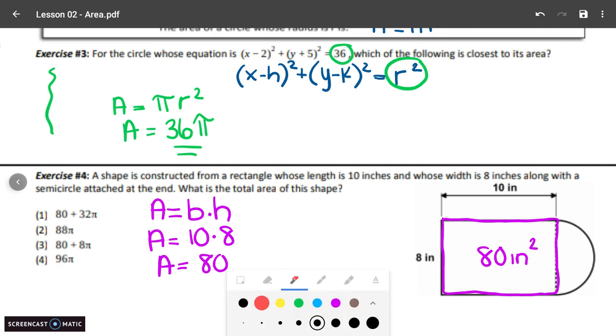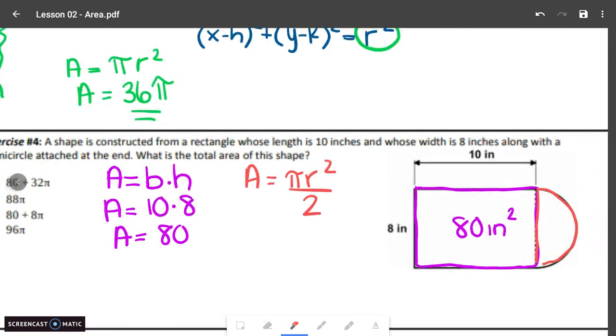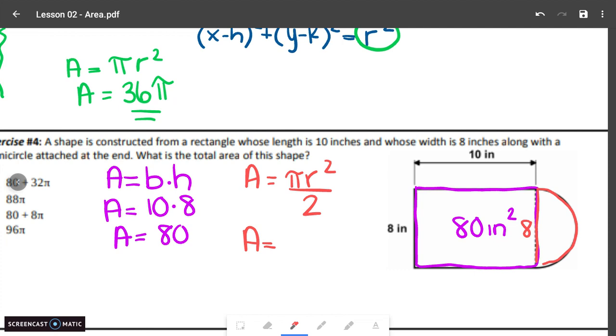Now, when I do the semicircle, the area of a circle is pi r squared. A semicircle cuts it in half, so I divide that by 2. Now, this side would also be 8, and that would be a diameter. So my radius would be 4.